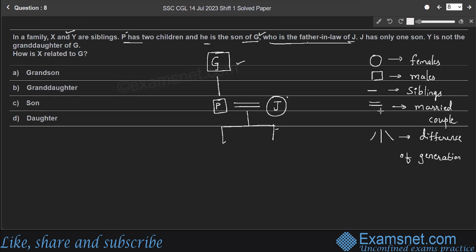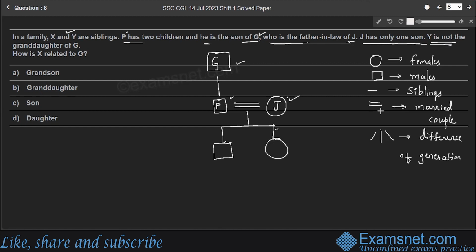Therefore, G is a male whose son is P, and P's wife is J, and they have two children. And J has only one son. That means P and J have only one son. That means the other is their daughter, right?